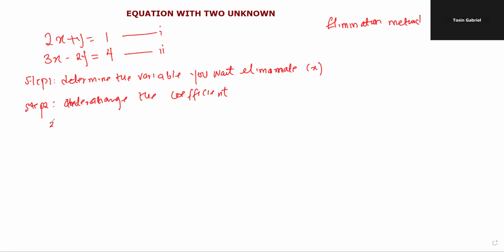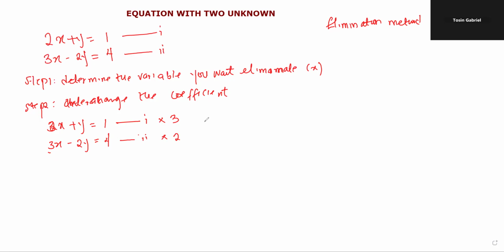Here we have 2x plus y equals 1, then 3x minus 2y equals 4. For equation 1, you multiply it by 3 because 3 is here. Then for equation 2, you multiply it by 2.